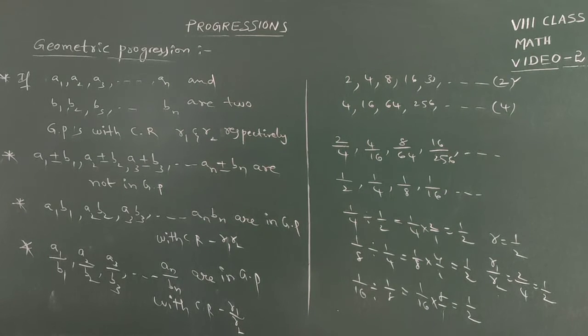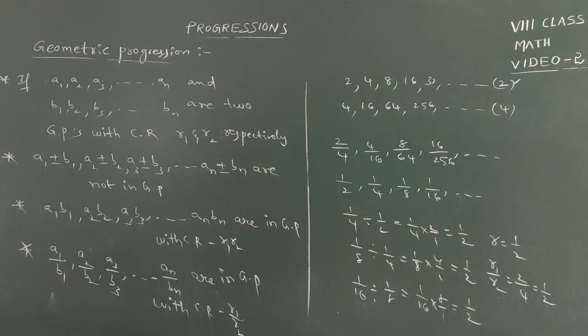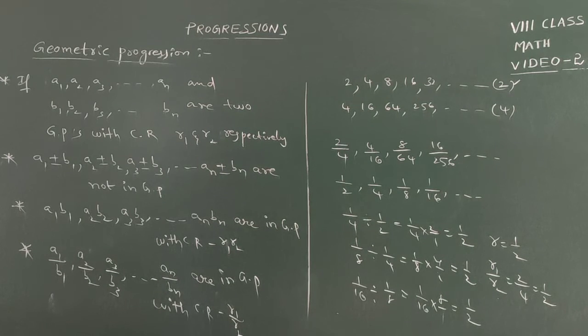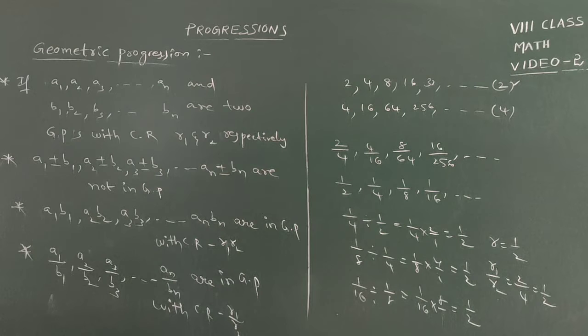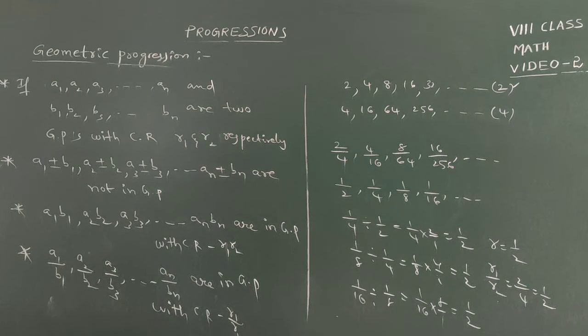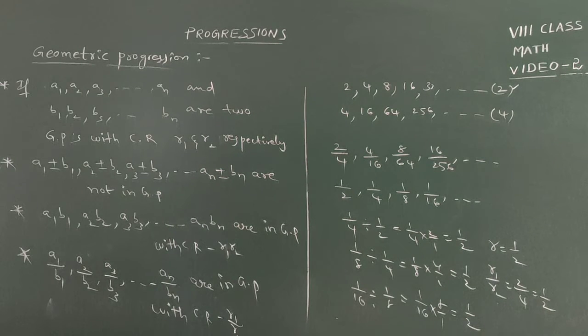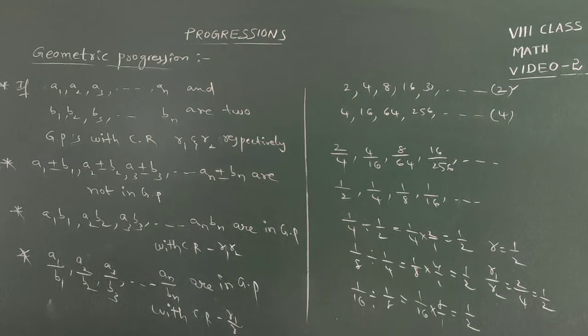Two different sequences, A1, A2, A3 and so on, An, and B1, B2, B3 and so on, Bn are given, both in GP with common ratios R1 and R2 respectively. The first condition: the sum or difference of first terms, second terms, third terms, nth terms is not in GP.